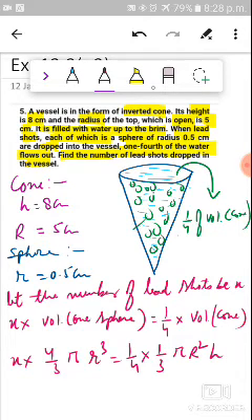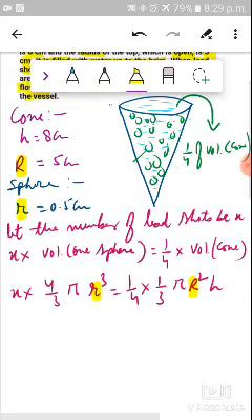Okay, you see, for cone I have taken radius as capital R, and for sphere I have written radius of sphere as small r. So that's why it is small r here and it is capital R here. Okay, so you can see we can cancel out pi by pi, then we can cancel out 3 by 3. Okay, so therefore x will be what?